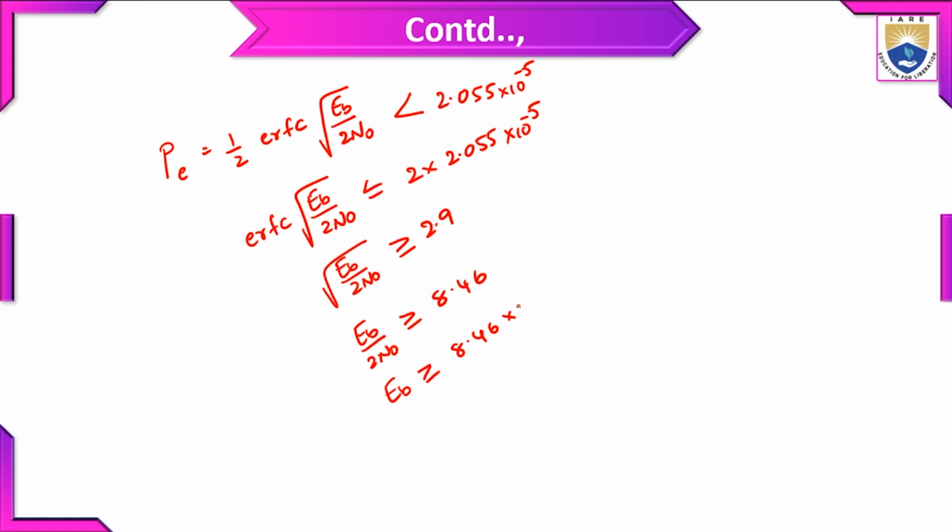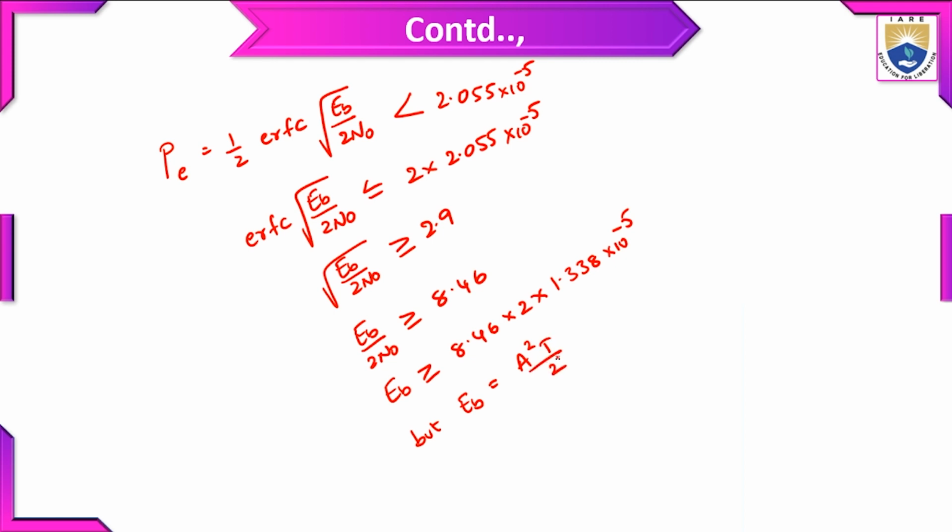Finally my EB, energy per bit, is greater than or equal to 8.46 into 2 N0. The N0 value is given initially as 1.338 into 10 power minus 5. But we know that EB is equal to A square T by 2.